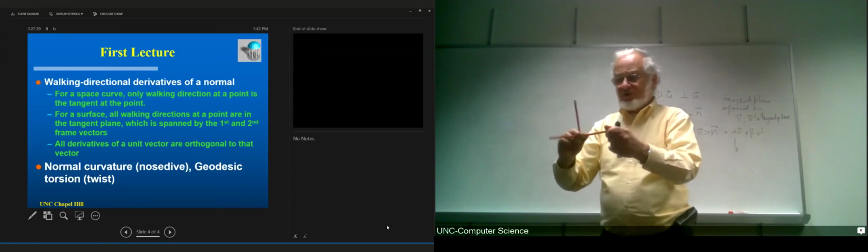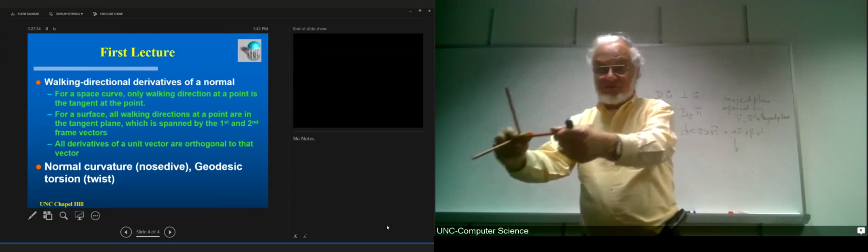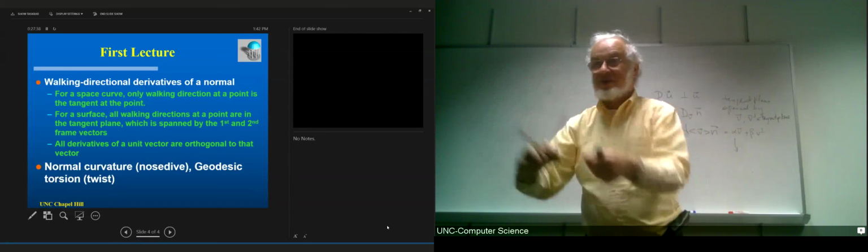Okay, so here is negative normal curvature, and here is positive normal curvature.